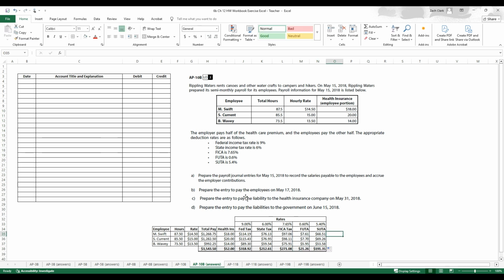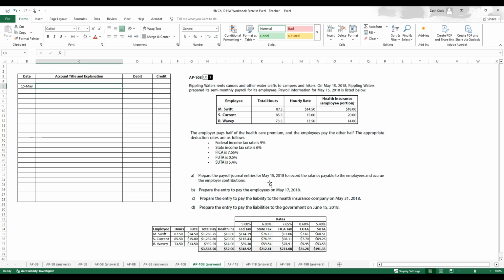Now we're going to go through and do the journal entries. Our first journal entry is just to accrue the payroll expense and the payables. This is on May 15th, 2018.